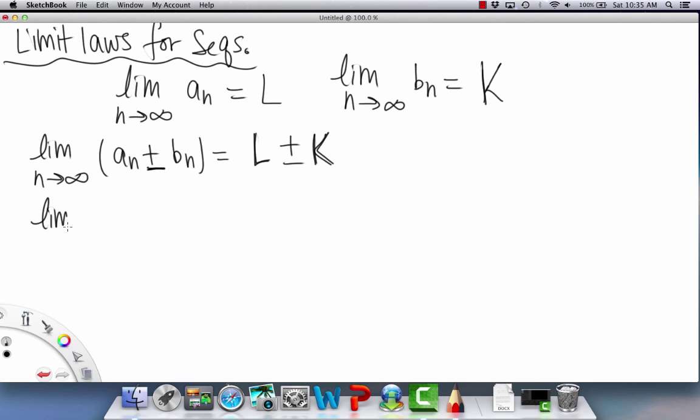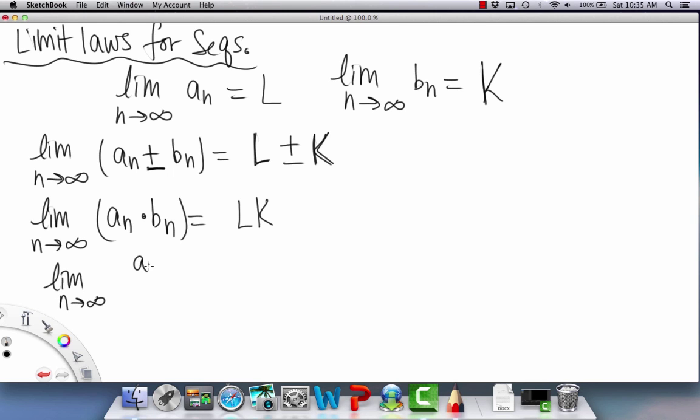The next one, the limit as n goes to infinity of a_n times b_n, as you might assume, would just be L times K. And then we have similar for dividing. If you have a_n divided by b_n, the limits would be related in this way, with the condition that K must not equal 0, because then that would be undefined, which is not good.